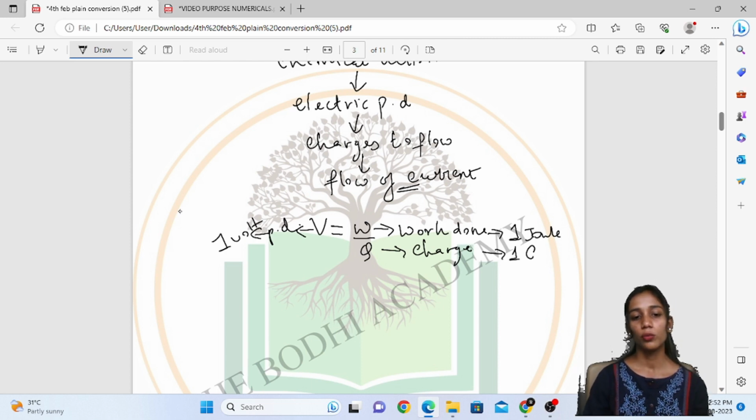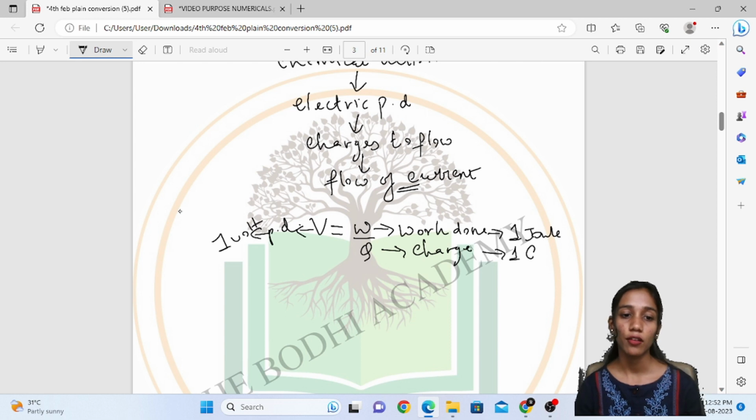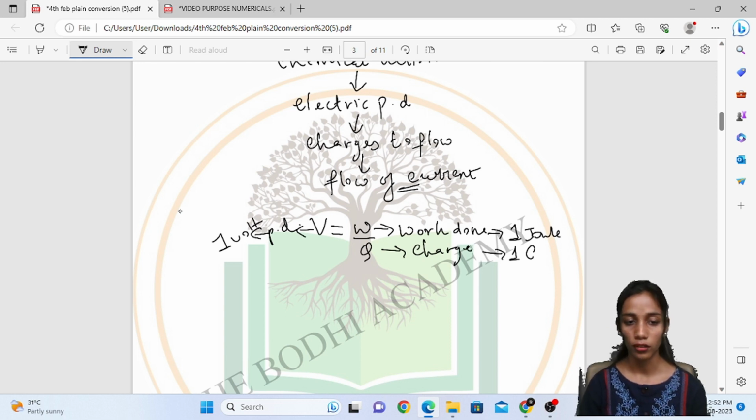So we need to now understand the definition of 1 volt, very important. 1 volt is the potential difference between two ends of a current carrying conductor when 1 joule of work is done in moving the charge of 1 coulomb. These scientific terms should come in the answer when it is asked to define 1 volt.